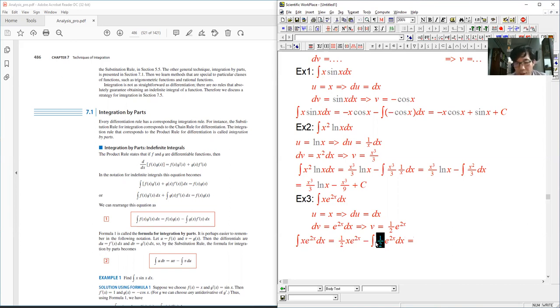Because 1/2 is a constant, we just keep it, and we integrate e to the power 2x, so it equals 1/2 x e to the power 2x minus 1/4 e to the power 2x, and then plus C.